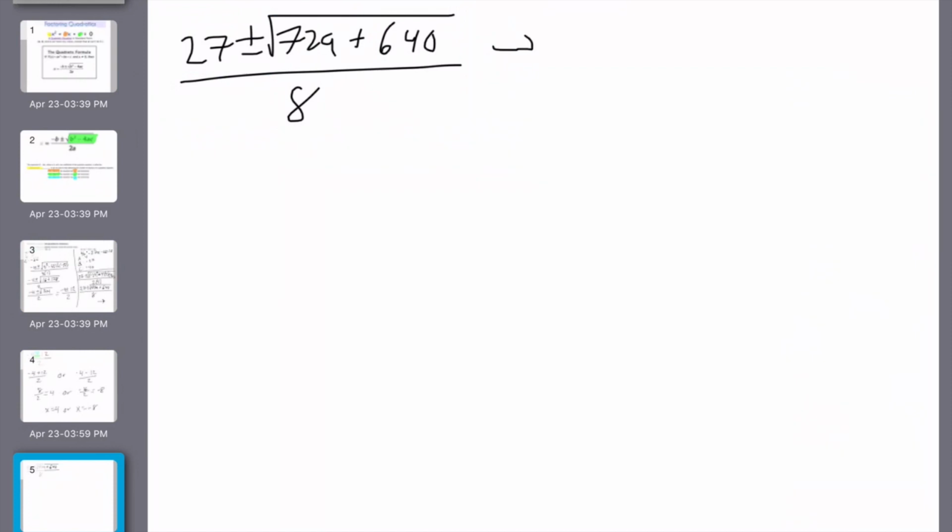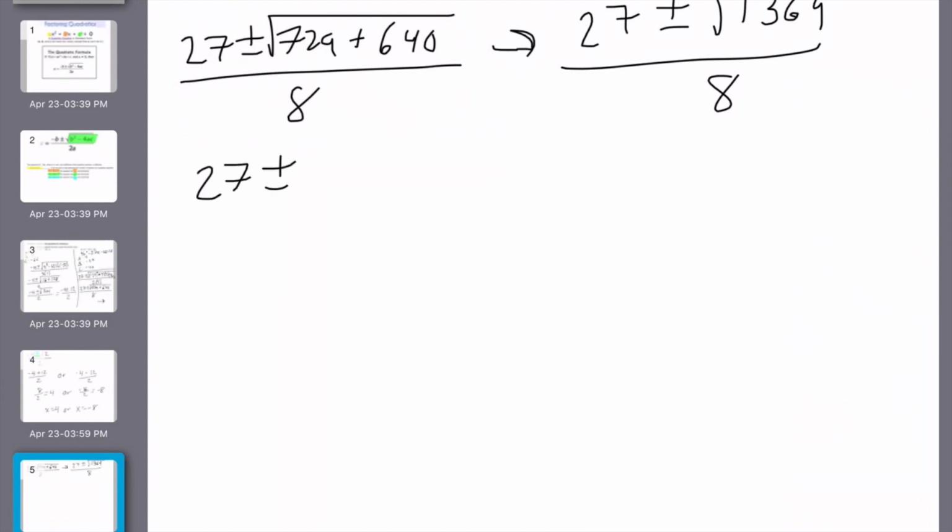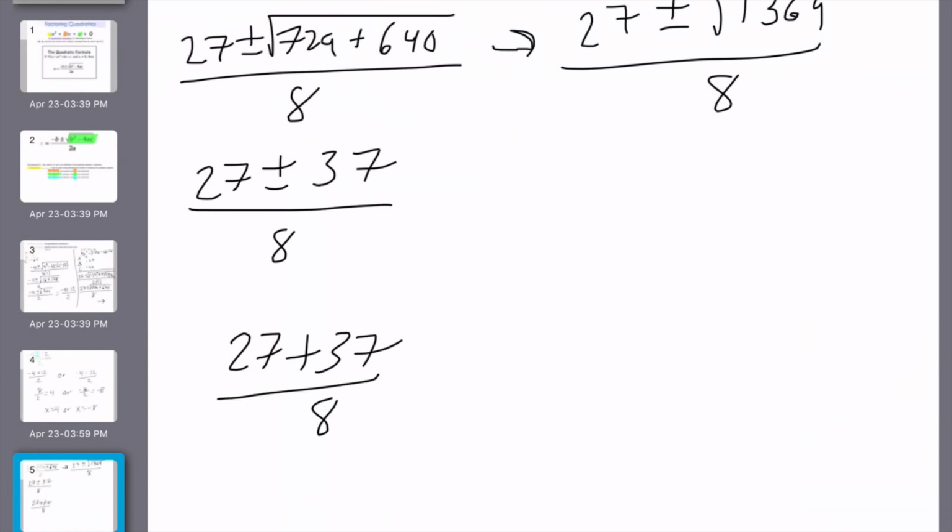So this is going to become 27 plus or minus the square root of 1,369 over 8. And actually the square root of 1,369 is 37. So this becomes 27 plus or minus 37 all over 8. So let's get into my two solutions. I have 27 plus 37 over 8, or 27 minus 37 over 8.